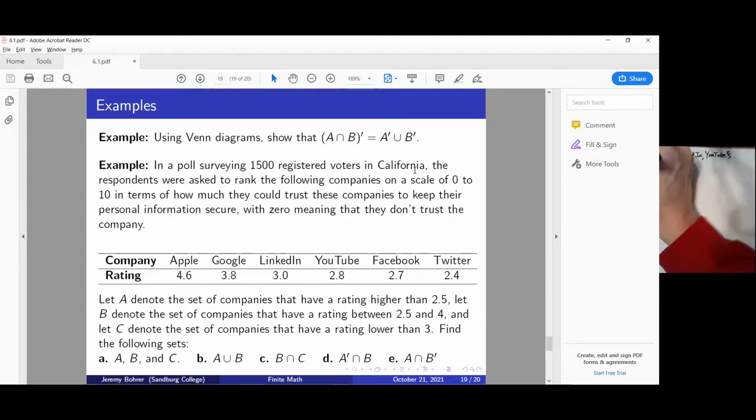The set of companies that have a rating between 2.5 and 4 is going to be the same set except without Apple. So that's going to be Google, LinkedIn, and YouTube. And that's set B. And then set C is going to be the set of companies that have a rating lower than 3, and that is YouTube, Facebook, and Twitter.